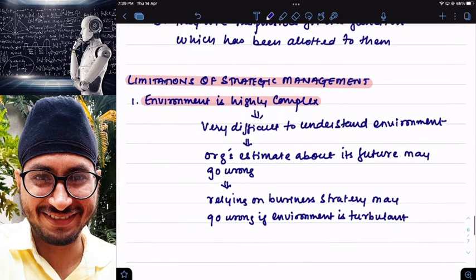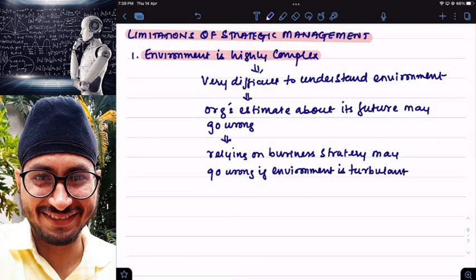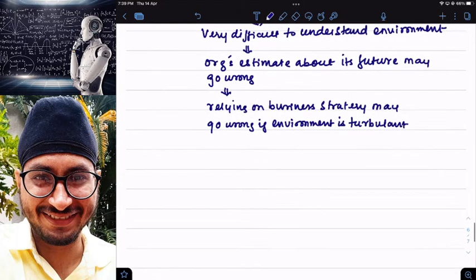Turbulent means highly complex. Clear? So don't blindly rely only on one business strategy, have multiple strategies. If one strategy does not work out, the second strategy does not work out, the third strategy does not work out, then a fourth. Have multiple strategies so that it becomes easy for you to handle.